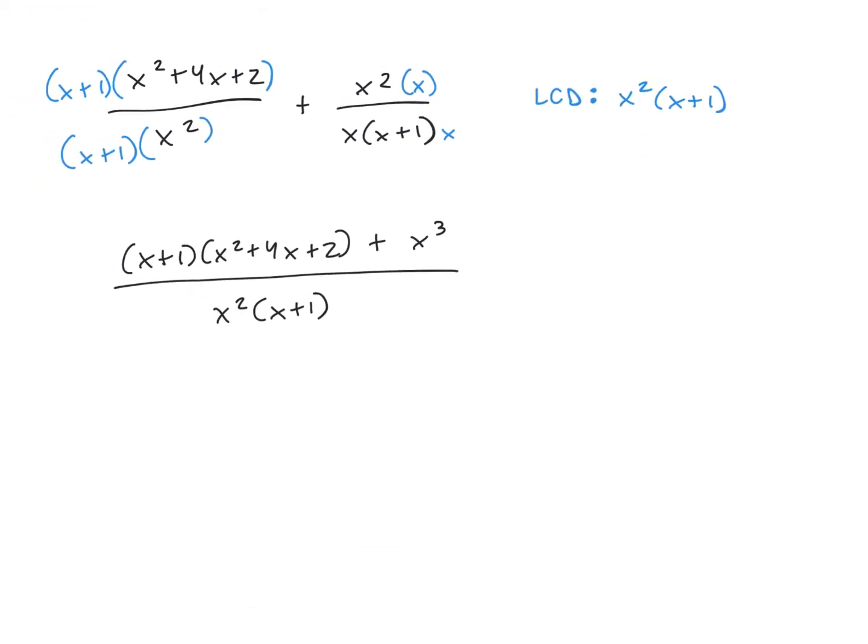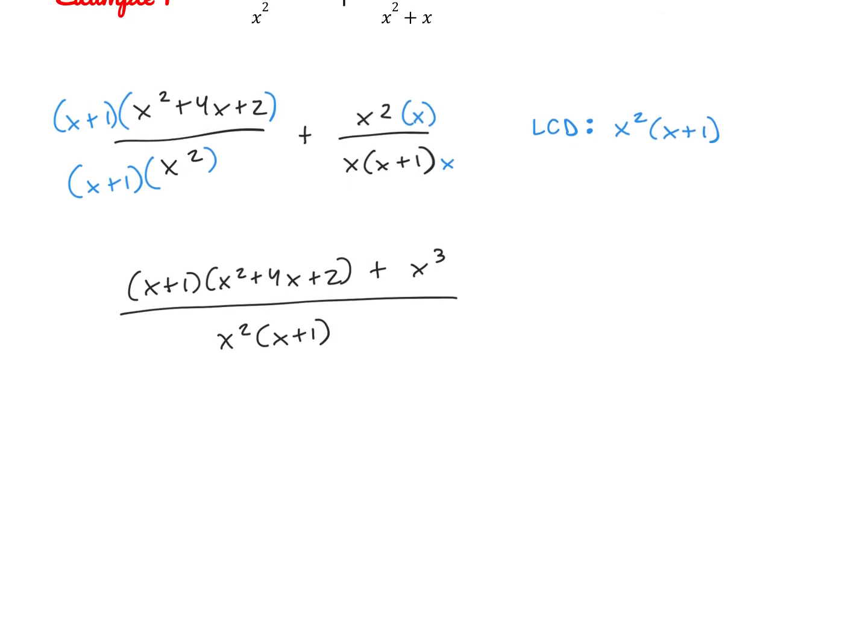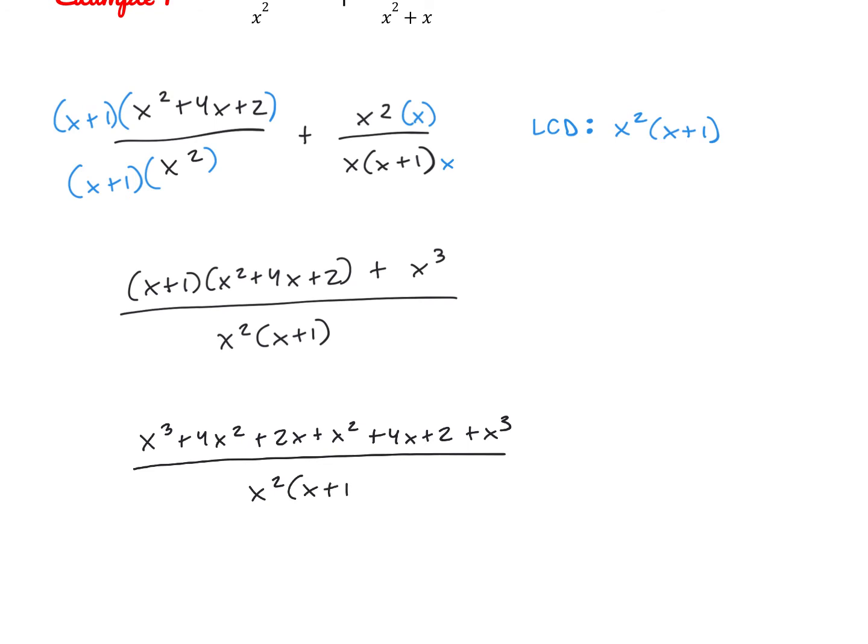And then from here, it's just a matter of multiplying out our numerator to combine like terms and to possibly simplify. So we have x cubed plus 4x squared plus 2x plus x squared plus 4x plus 2 plus x cubed, all over our LCD.